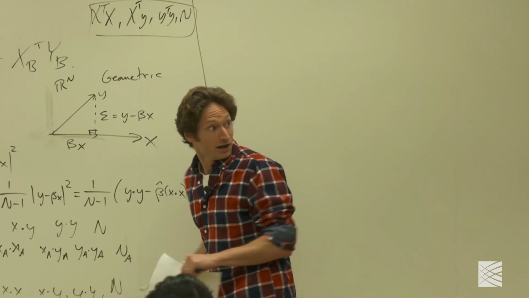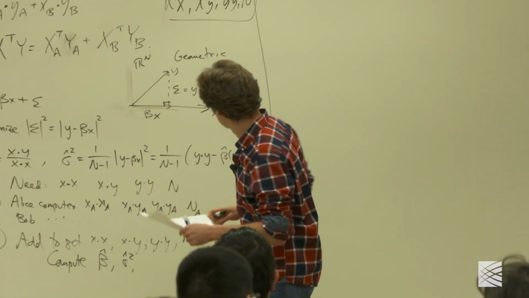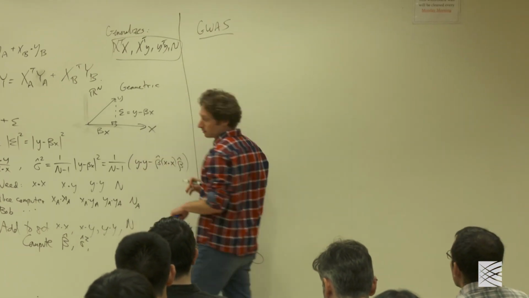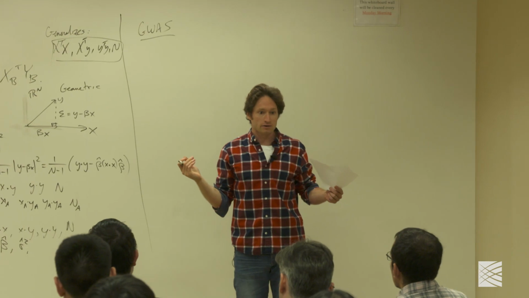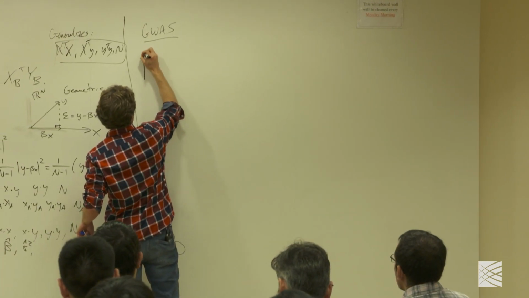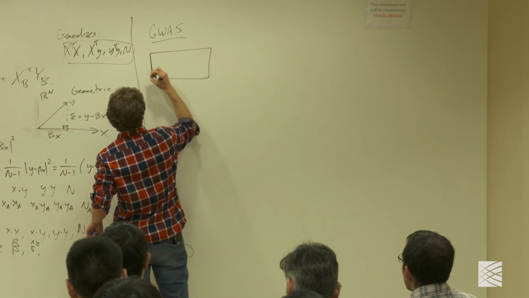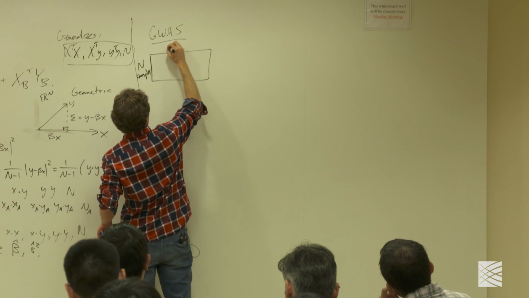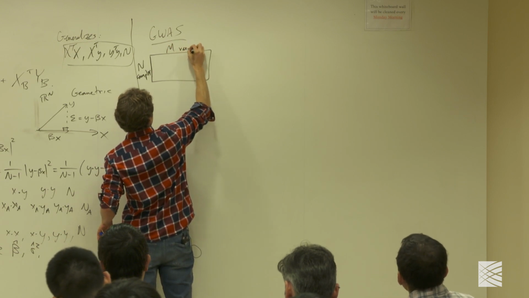OK, so now we're ready for GWAS. And what's different here? In GWAS, we have the following data. We have a huge matrix, potentially, of n samples and m variants. This is our genetic information.